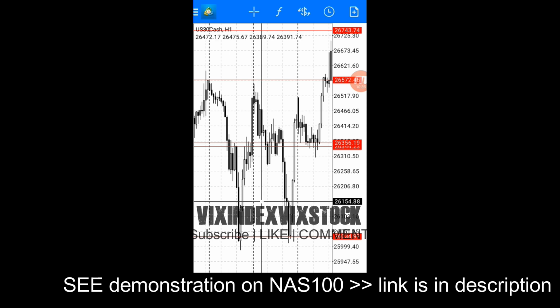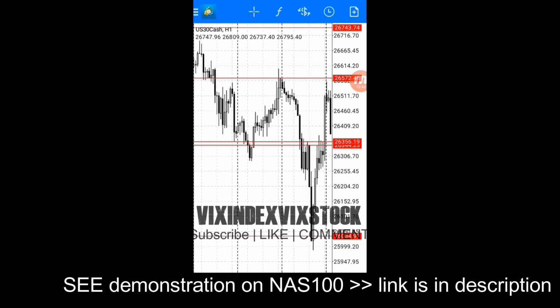So with this strategy, we are going to be hunting those wicks. Is it coincidence? Look here. What happened here? Is it just chance?